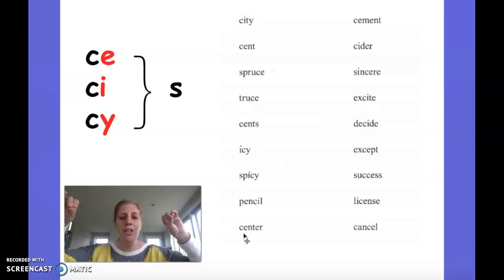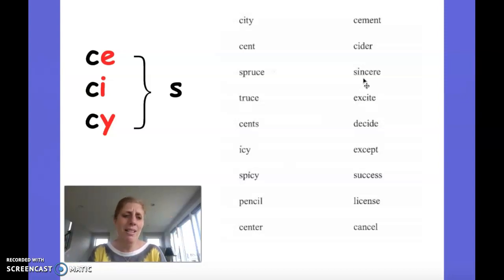How about this one? S-e-n-t-er. Center, center. Up here at the top, s-e-m, sem, e-nt, ent, cement, cement. S-i-d-er, cider, cider. S-in, s-ear, sincere, sincere.